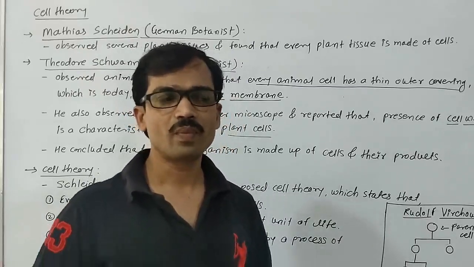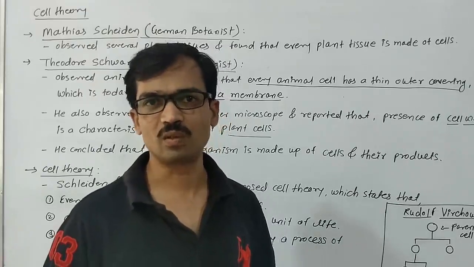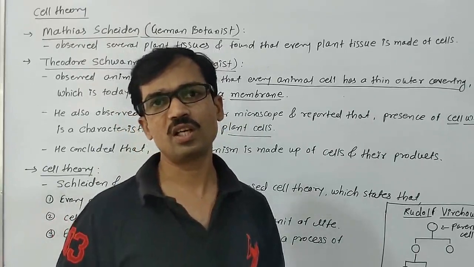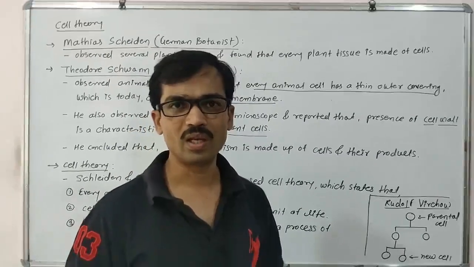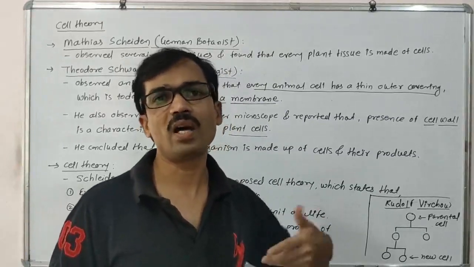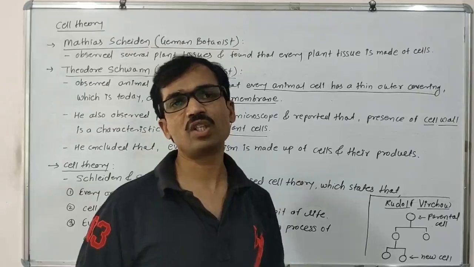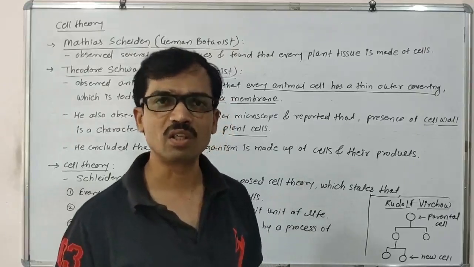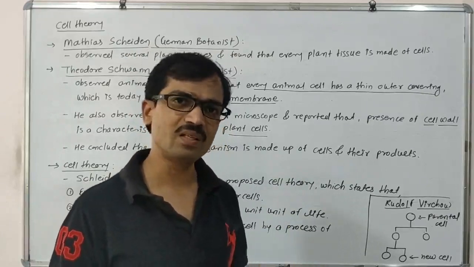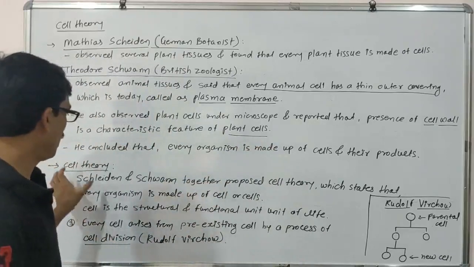For example, saliva is a product of the cell which helps in the process of digestion, or there are some different proteins secreted by the cells which also help in digestion, etc. So the products released outside the cell also help in the functioning of the body and of the cells. That is why we say that organisms are made up of cells and the products of the cells also. Okay.